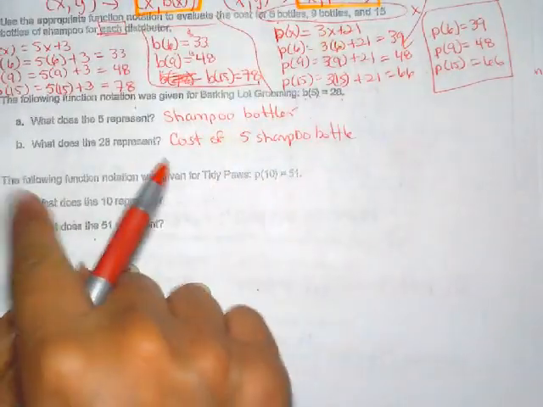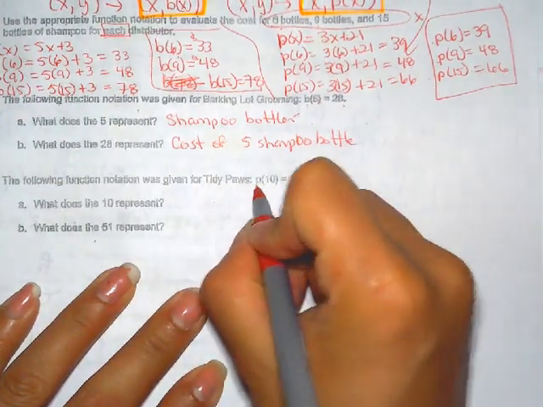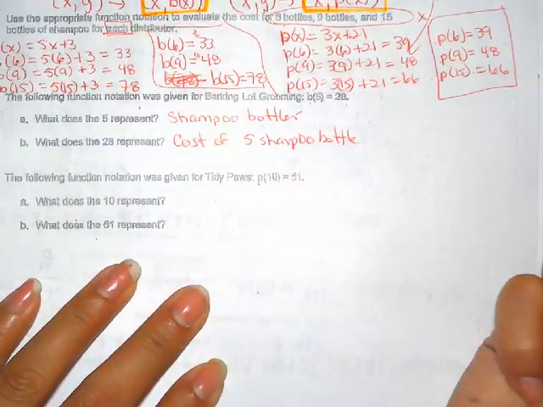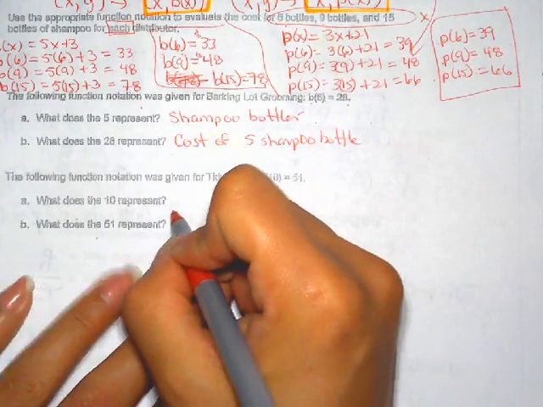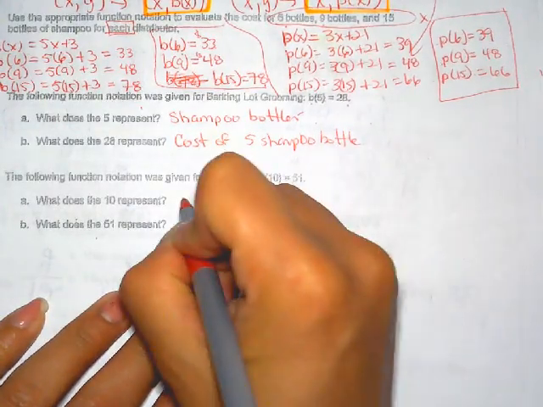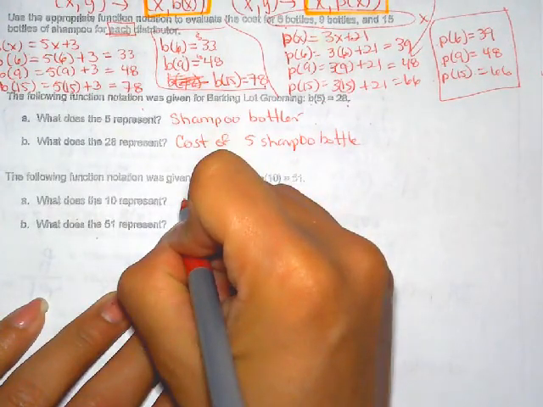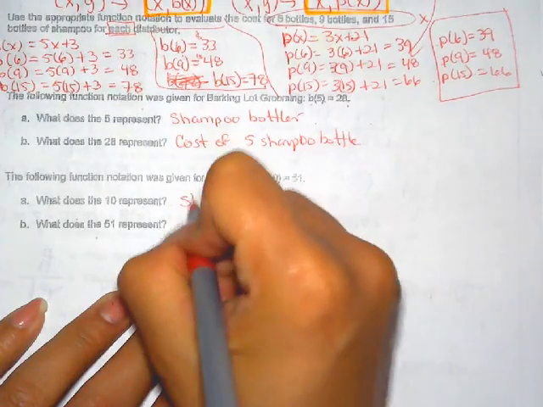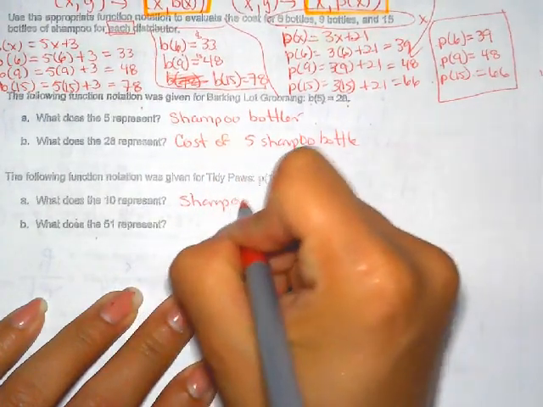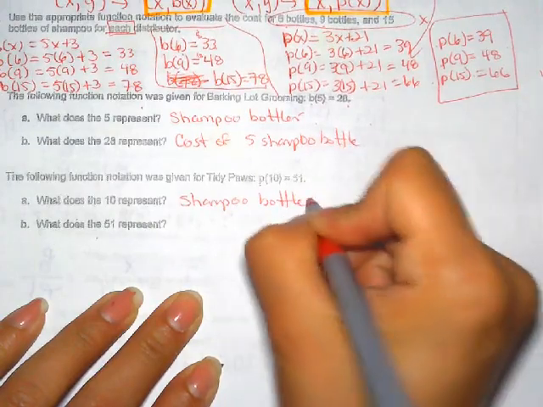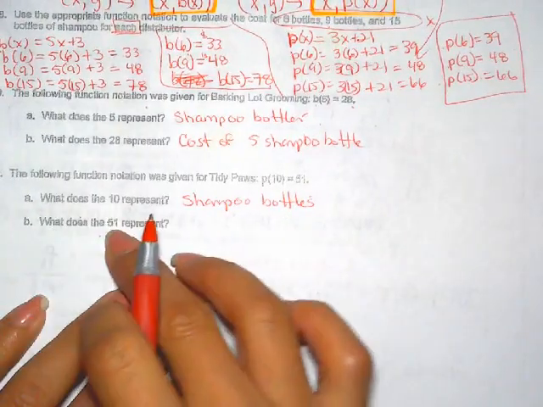So then on number 10, when they give me p of 10 equals 51, what does the 10 represent? Again, same thing, shampoo bottles. Shampoo bottles, how many bottles we're going to get, right? What does the 51 represent?